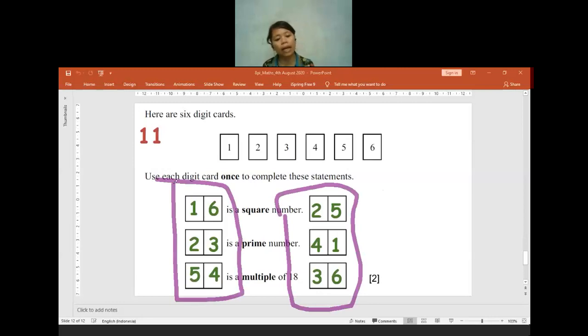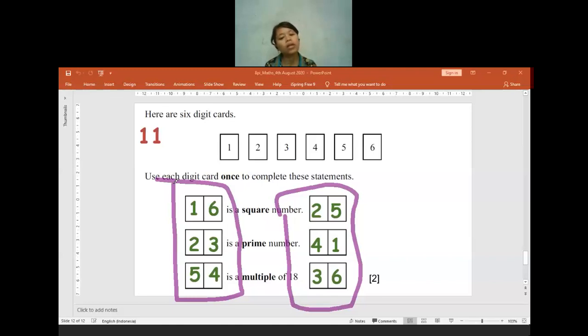If later all of your answers are correct, it is a square number, it is a prime number, it is a multiple of 18, but maybe there are 1 or 2 cards that you use twice, your mark will be only 1.